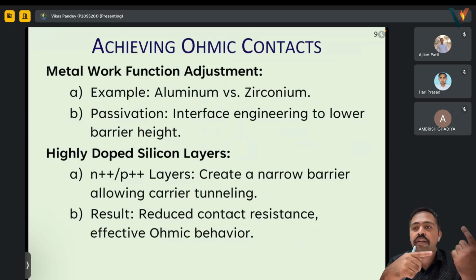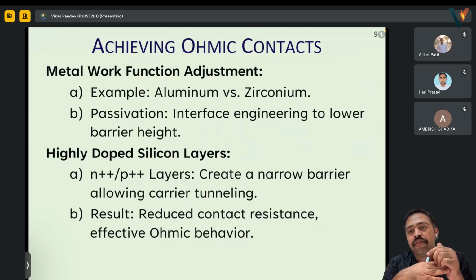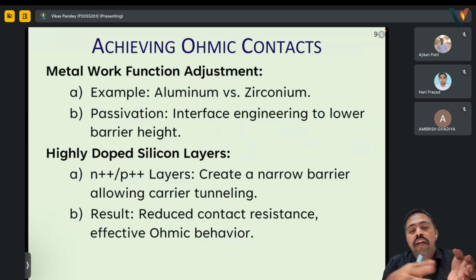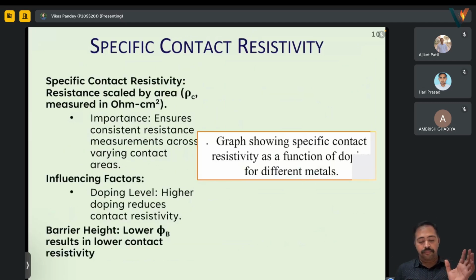And then later on we gradually connect it with metals. So the contact resistance will decrease, and as such we will have ohmic behavior. Ideally it should have no resistance and no barrier. That is our aim.